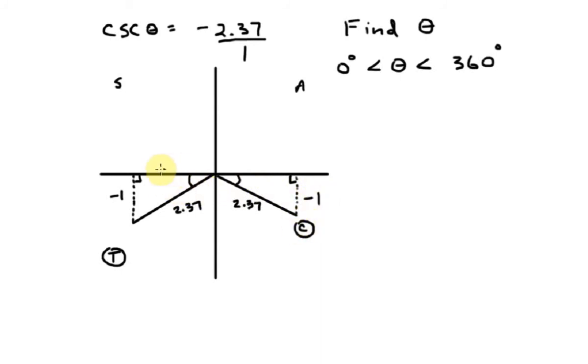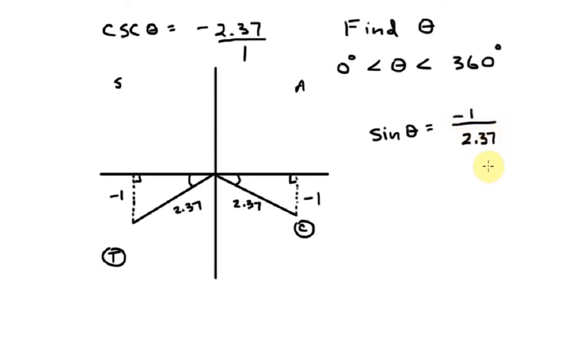I can fill in these little sides using good old Pythagoras. Wait a minute, I don't even need those sides. Never mind. Now I can just look at my drawing and say the sine of theta would be, starting with the triangle on the left, opposite over hypotenuse.